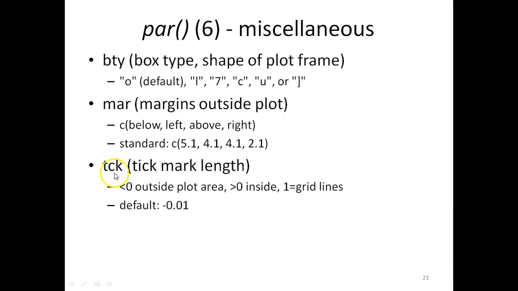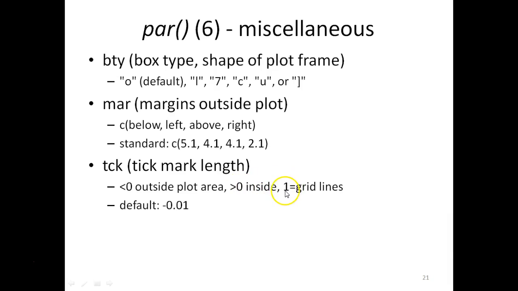By using the TCK argument, you can change the tick mark length, the ticks on the axis. And any value below 0 here will give ticks outside the plot area, while values above 0 gives you ticks on the inside.